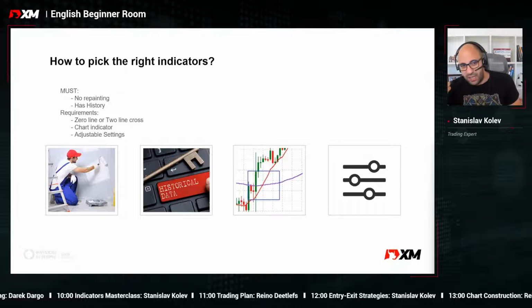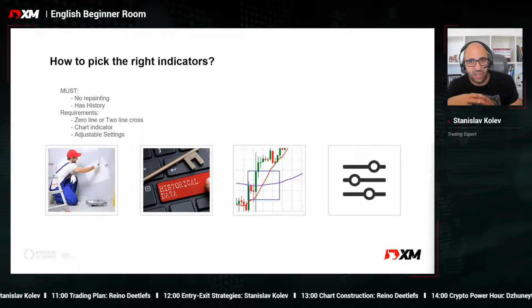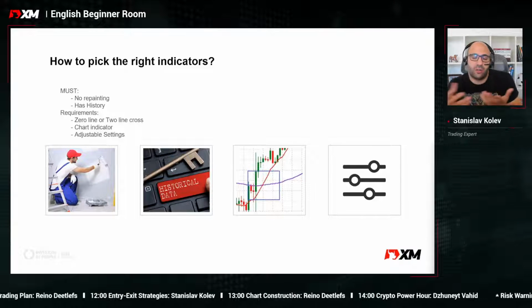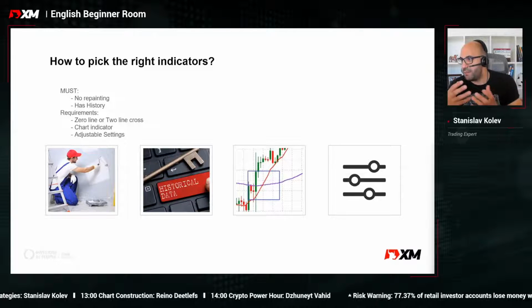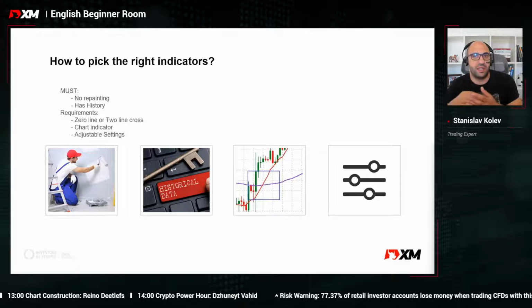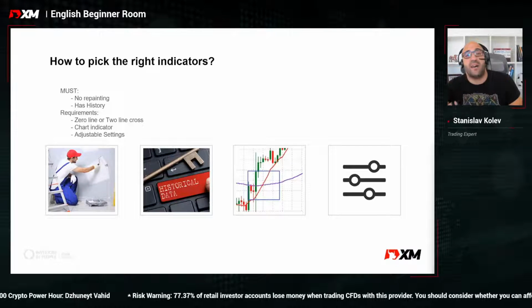A few requirements here. It is a zero line or two line cross. Why would I need this? When I'm having a particular trading system, I want it to be a binary trading system, which means that I want to have a yes or no answer whether I have a signal or not.